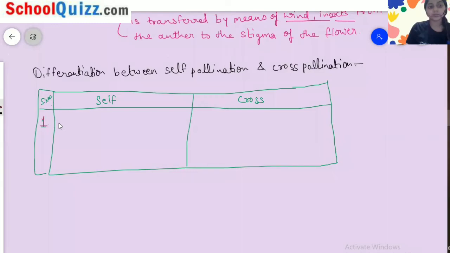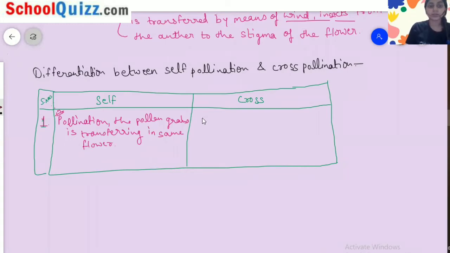In pollination, the pollen grain is transferring in the same flower.